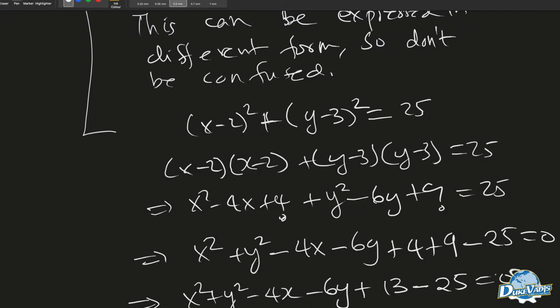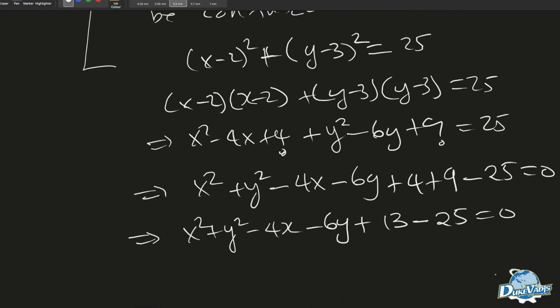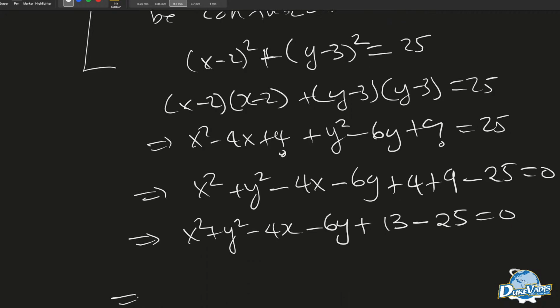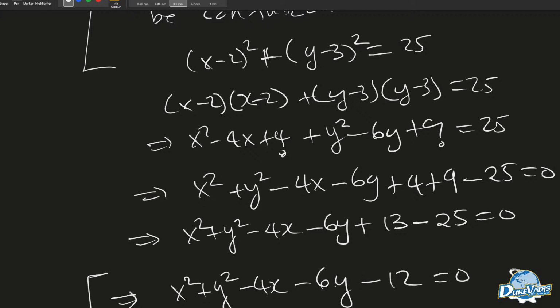So finally the equation can now be written as x squared plus y squared minus 4x minus 6y minus 12 is equal to 0. So this becomes the equation that we have expanded.